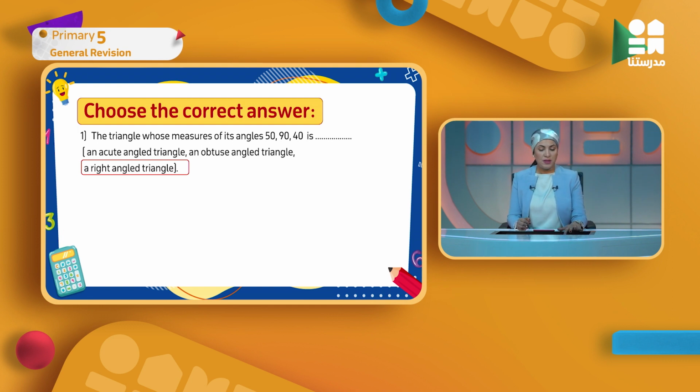Okay, now let's move to the second question. The second question, 1/8 times 2/3. Here I am multiplying two mixed numbers, and we said before that this is going to be a bit hard, so to make it easier for you, fifth primary, I have to turn them first to fractions, and everything will be easy after that.